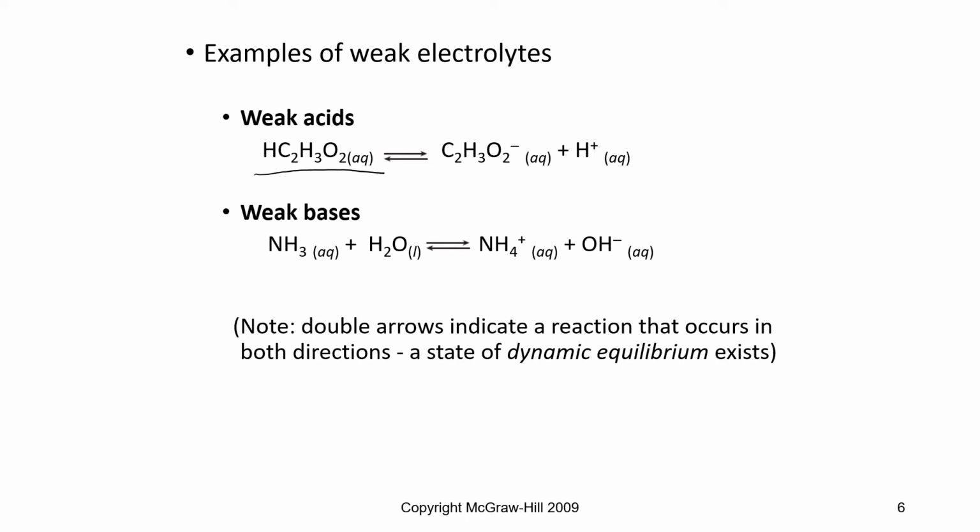And this is an indicator that we're dealing with a weak acid or base, that double arrow. A forward arrow only means it goes 100% to, or 100% ionizes or dissociates. This is only partial.